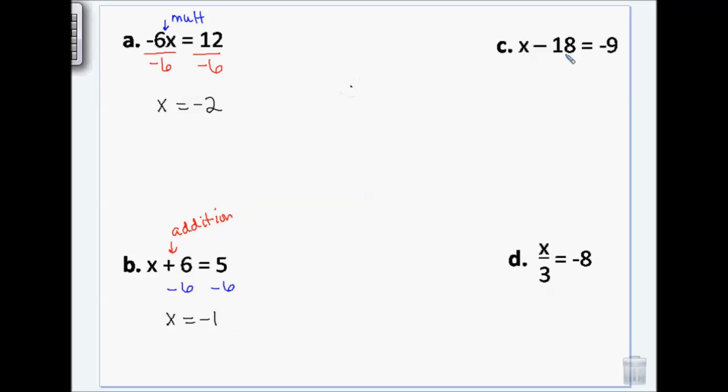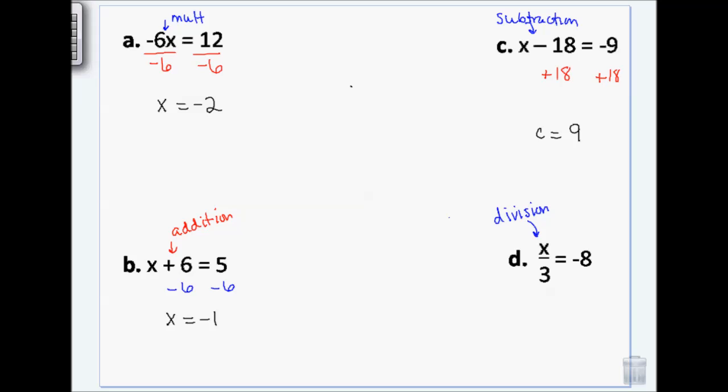So here we have subtraction. And so the opposite operation is going to be addition. So C is 9. And here we have not a fraction, but division.